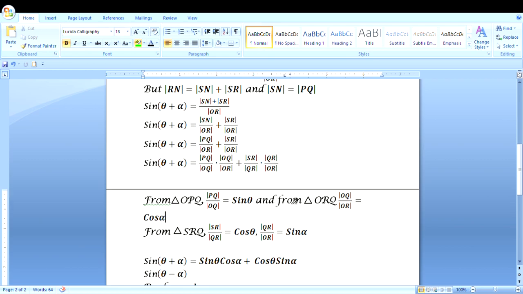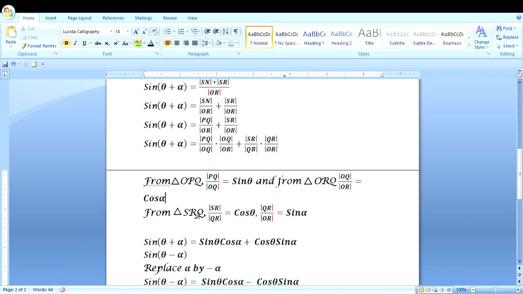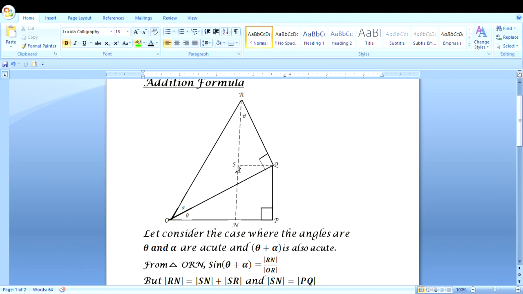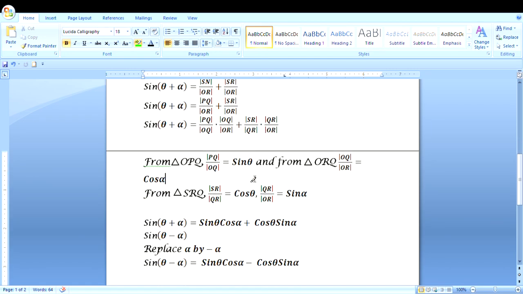Okay, we are looking at SR over QR, because we are looking at this term here. And what connects it is the cos theta, because cos is adjacent, which is SR over the hypotenuse RQ. That's the relationship here. So that means cos theta.